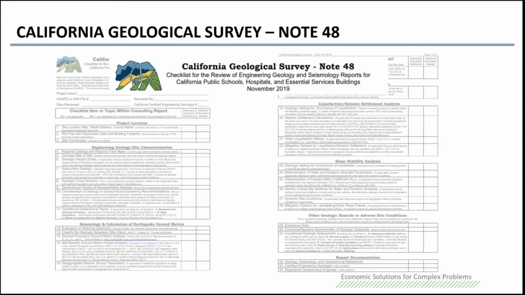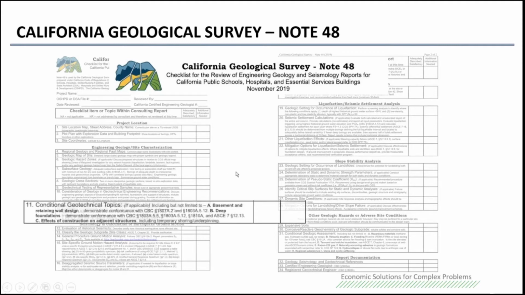So here's the reason this two-page checklist is good for the consultants and their clients, so they can understand the scope of the geologic hazard or seismology issues. California is a high seismic state, so make sure they are on the same page.